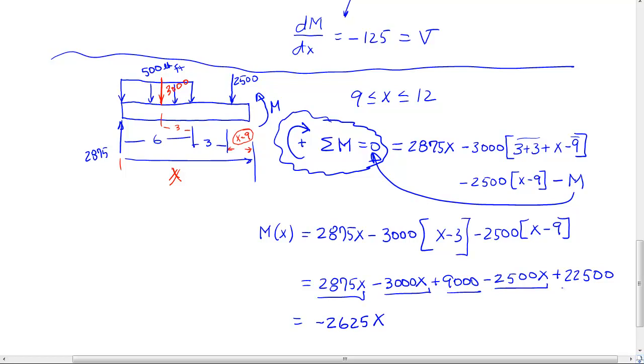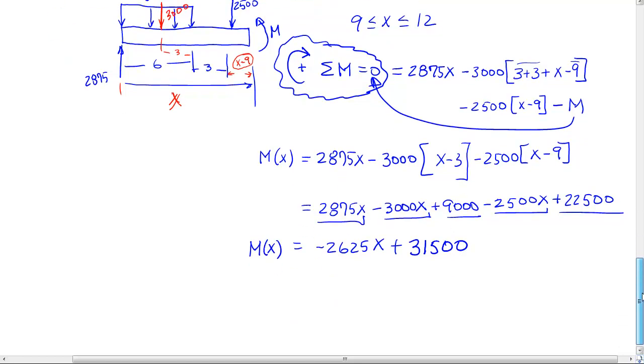Now do the terms without x, and what you get is 31,500. So your moment in that region is equal to this.